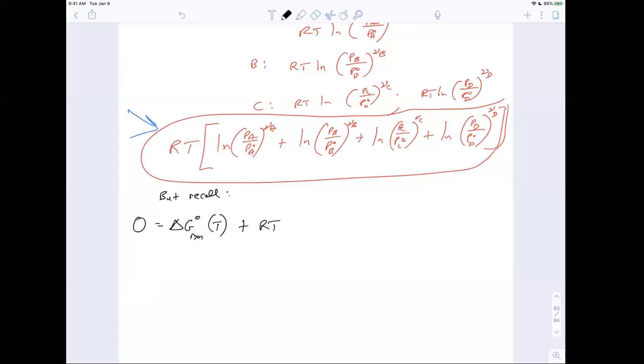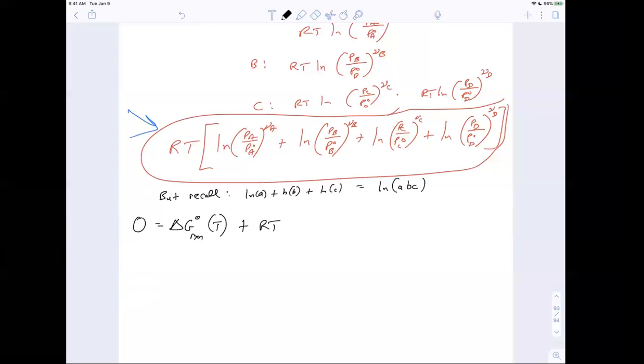You make them products inside the argument. Exactly, they become a product. So natural log of A plus natural log of B plus natural log of C, for instance, just turns out to be natural log of A times B times C, right? Is that correct? Yes. So if you have a sum of natural logs, that just becomes the natural log of the product of whatever those things were.